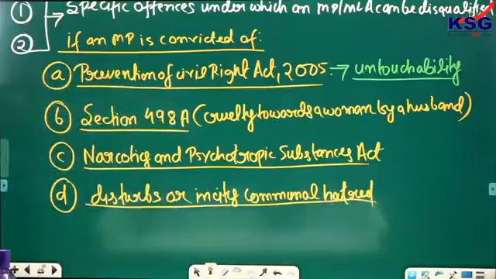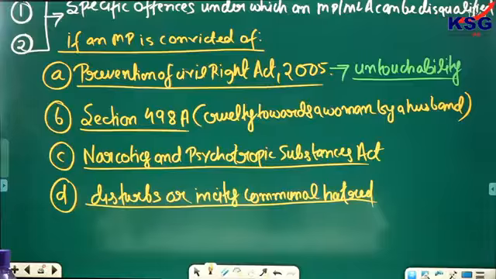So section 8 subsection 1 and section 8 subsection 2 deal with many sections, many points which can be used if a person has been convicted of any of these offences, and there are many of them, I'm just giving you examples of four: untouchability, cruelty towards women, consuming narcotics and psychotropic substances, or disturbing or inciting communal hatred.